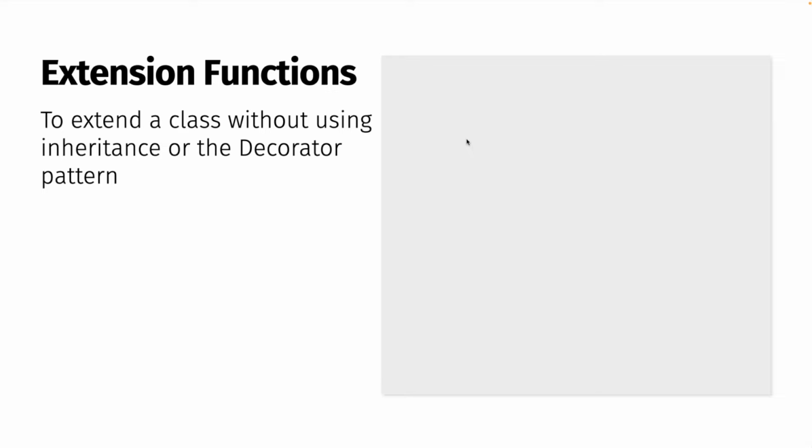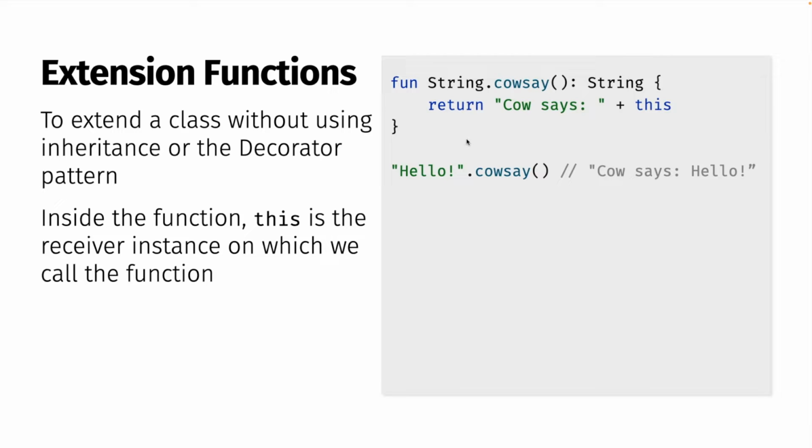Now let's talk about extension functions. In Kotlin, we can extend a class without having to use inheritance necessarily, or without having to create a decorator. And we do that by declaring a function with fun, and we say String dot, or whatever class name, dot before the name of the function.